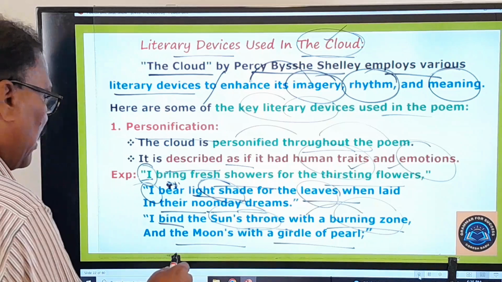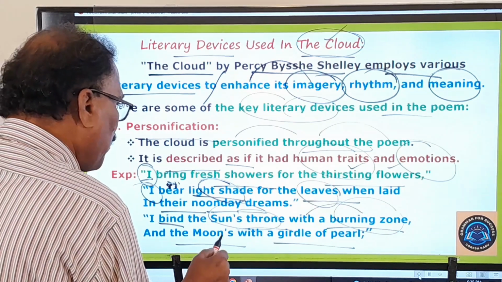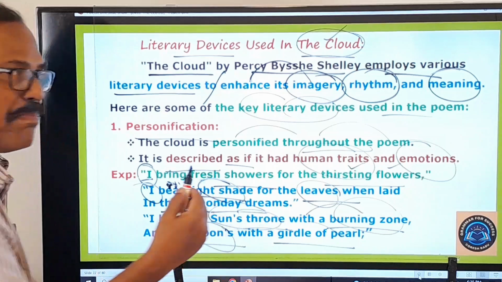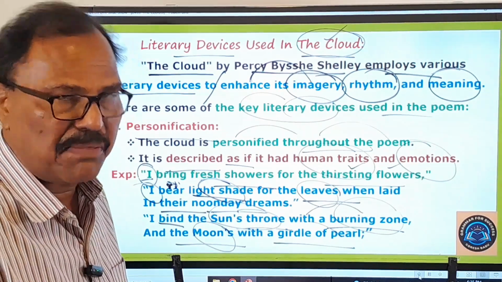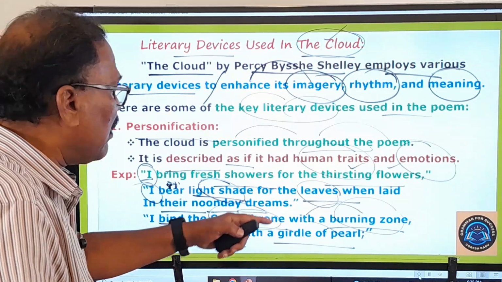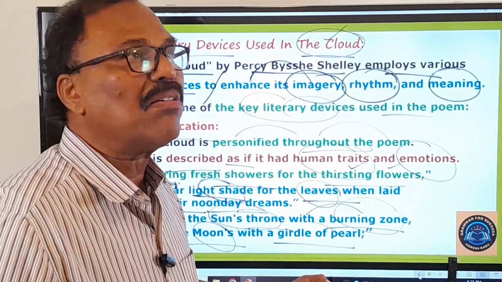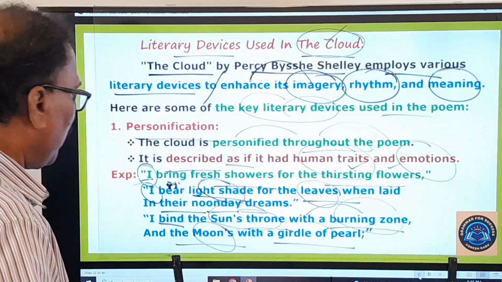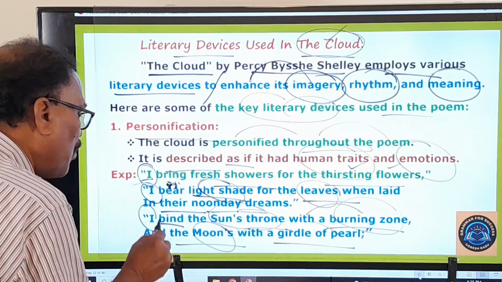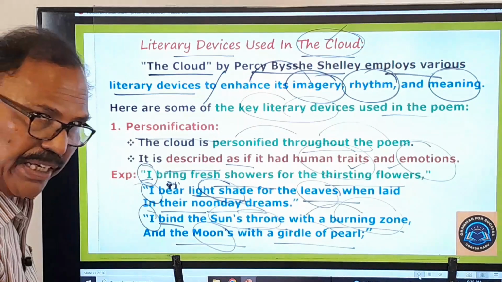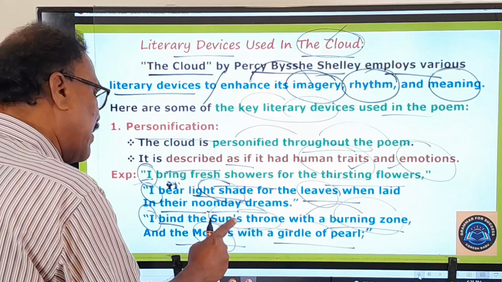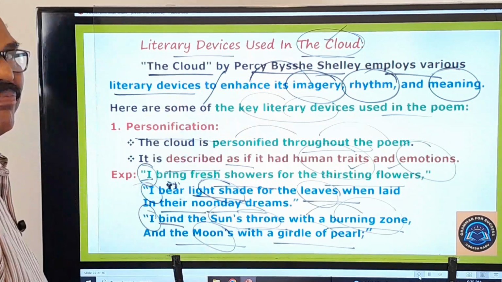And it also says, I also bind the moon with a girdle of pearls. Girdle means belt. Belt of pearls. Pearls you know very well. So with a girdle of pearls, I can also bind or surround the moon. So in this way, as if this cloud were a human being, this cloud is going to bind the sun, bind the moon.